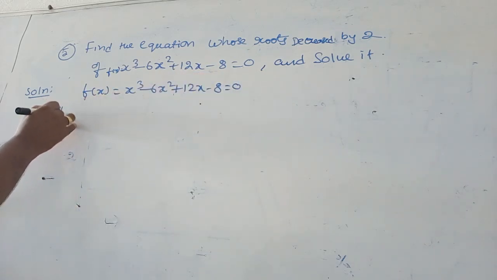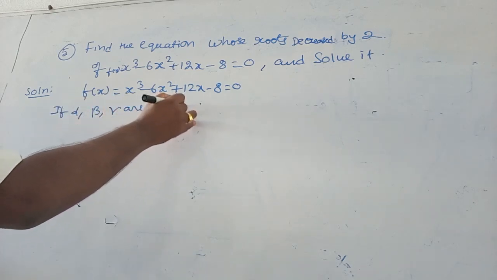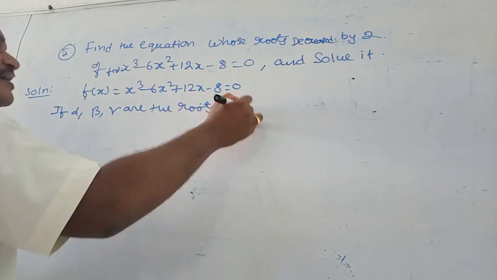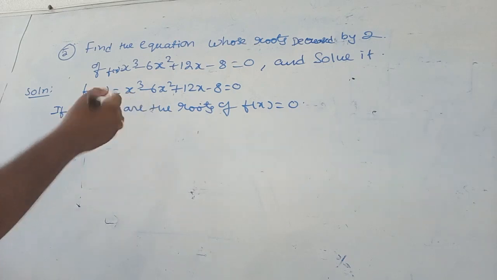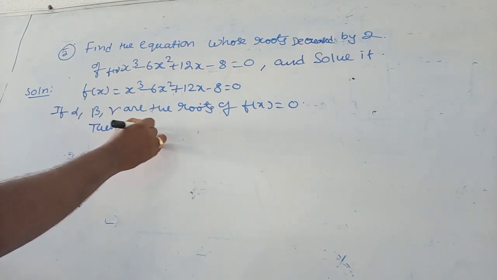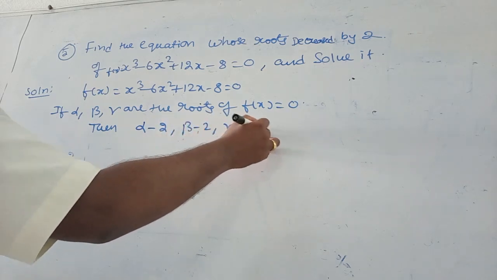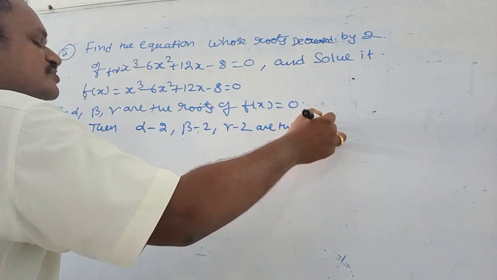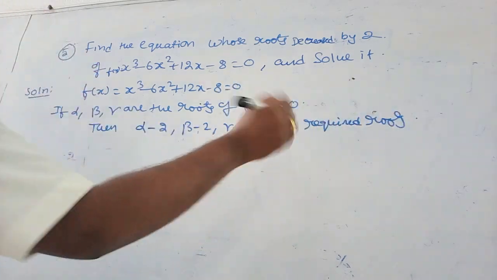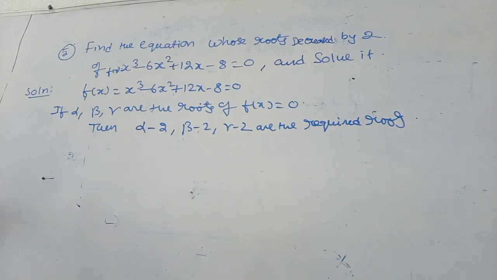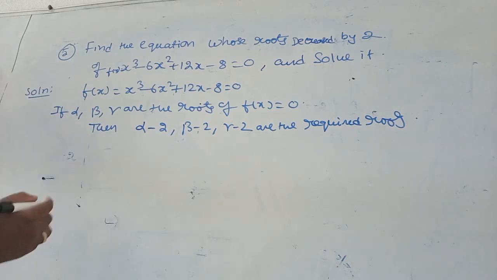The problem is telling us, if alpha, beta, gamma are the roots of f of x equal to 0, then we need to form an equation whose roots are alpha minus 2, beta minus 2, gamma minus 2. These are the required roots. With these roots we need to form an equation and solve it. How we are going to do this, please observe, my dear students.